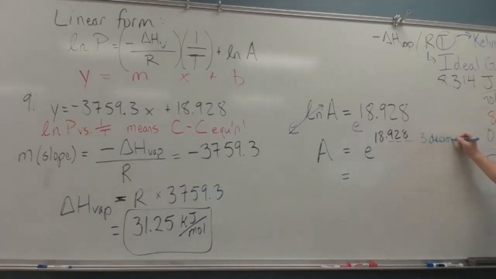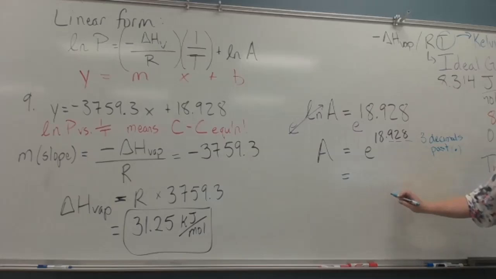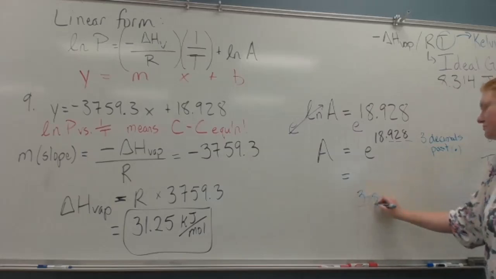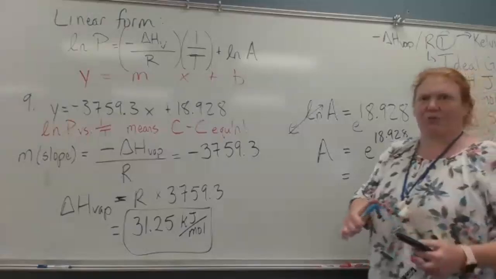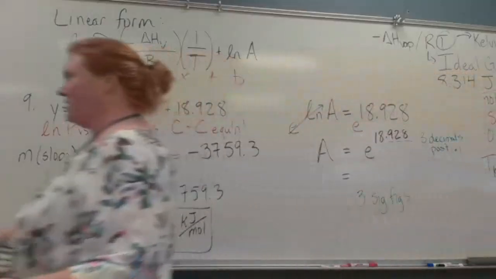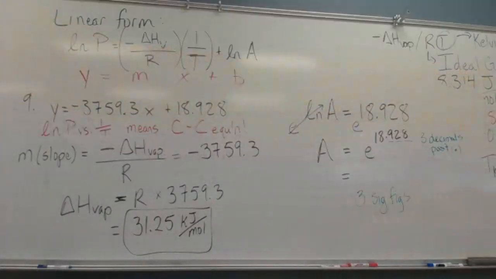And that is how many sig figs your answer should have. We'll get a lot more practice with that when we get to our acid-base chapter and we start calculating pH and stuff. It'll be necessary there.